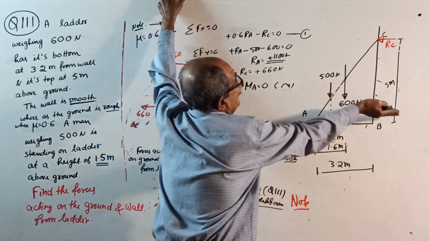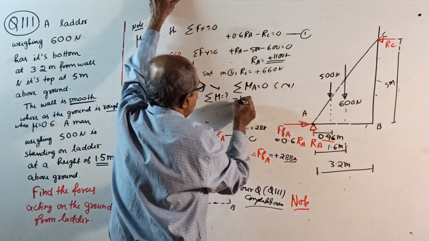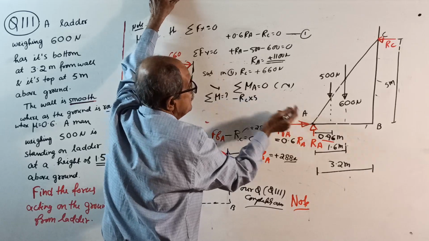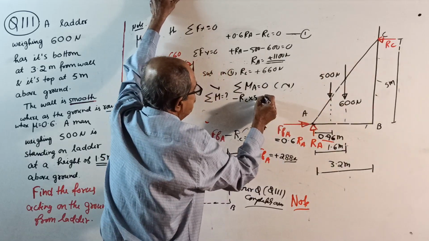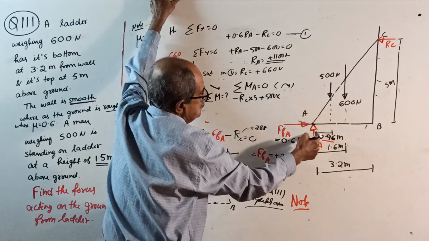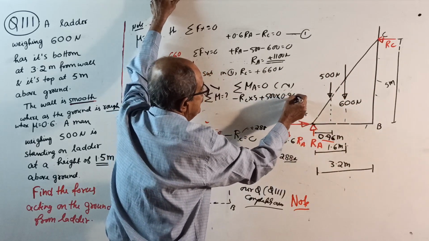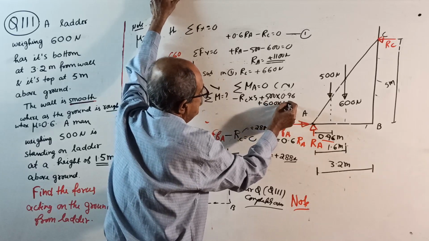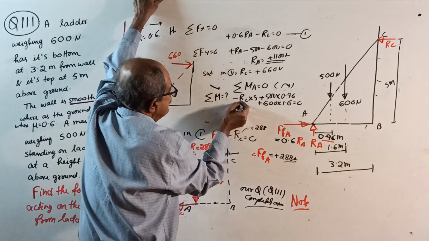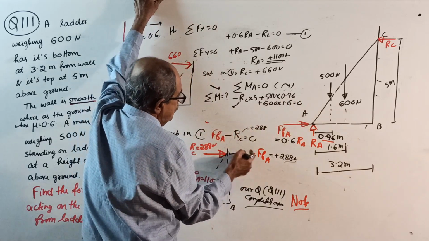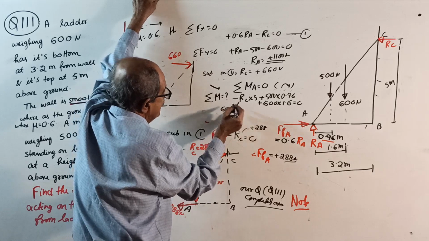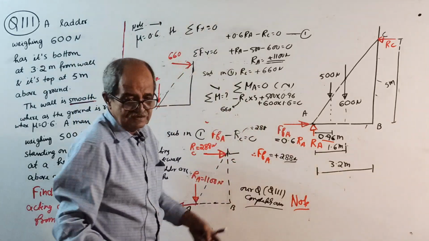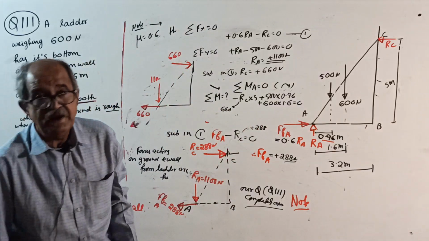Minus RC into 5 plus 500 into 0.96 plus 600 into 1.6 equal to 0. Substitute RC equal to 660 Newton. See what happens? You get nonsense.